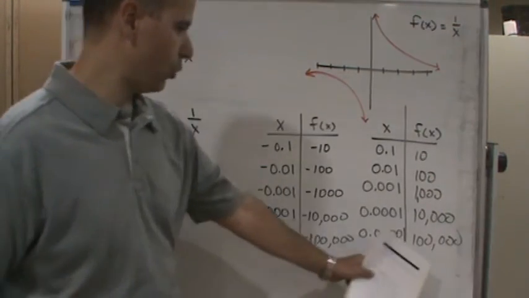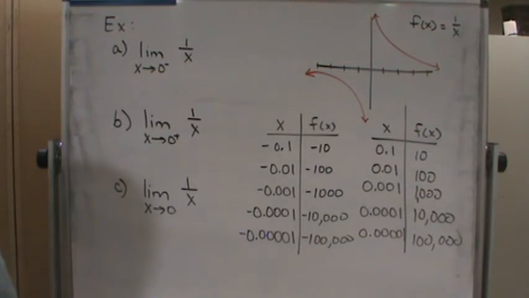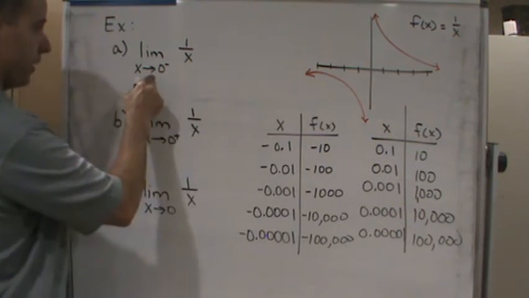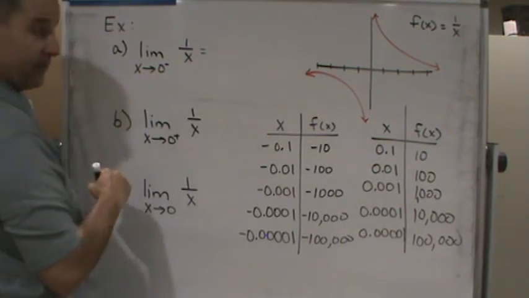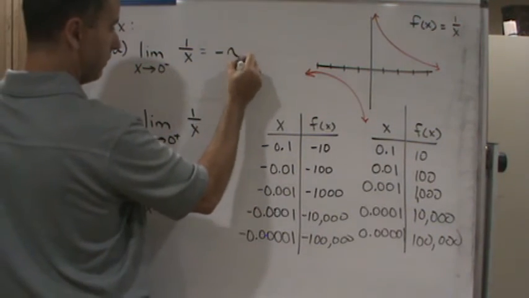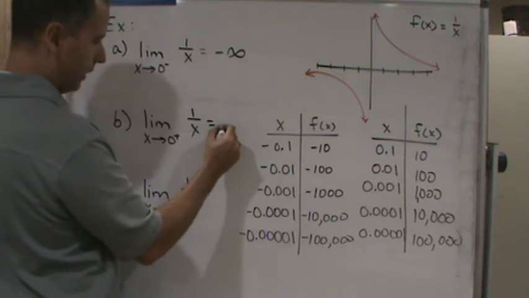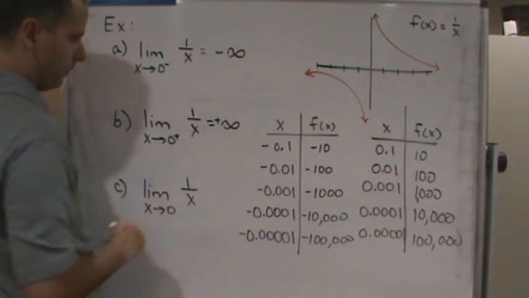So this is tending towards positive infinity. Okay, now, for this one, it's an infinite limit, and it's going to be negative infinity. For part B, it's going to be positive infinity.